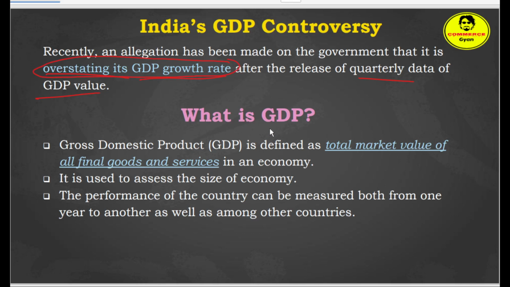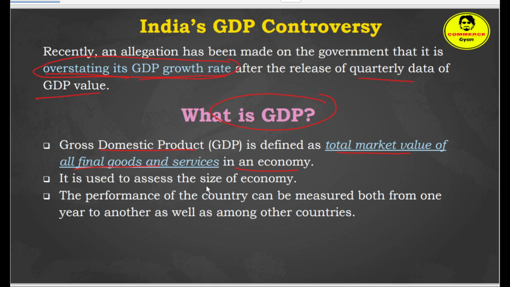Before that, let's understand what GDP is. GDP, or gross domestic product, is defined as the total market value of all the final goods and services in an economy, or in a particular boundary.